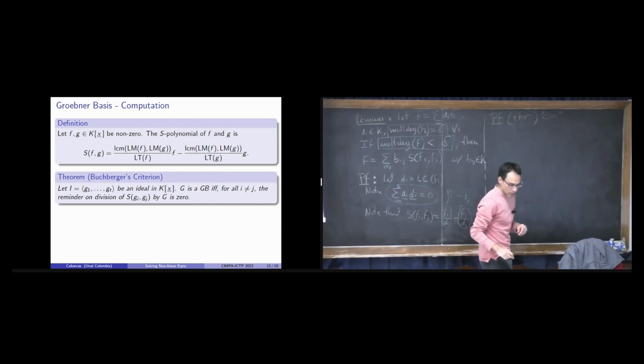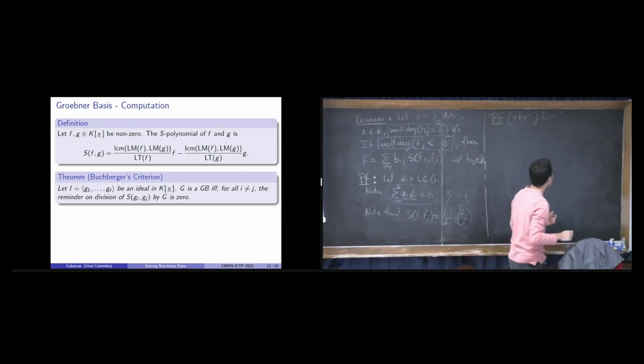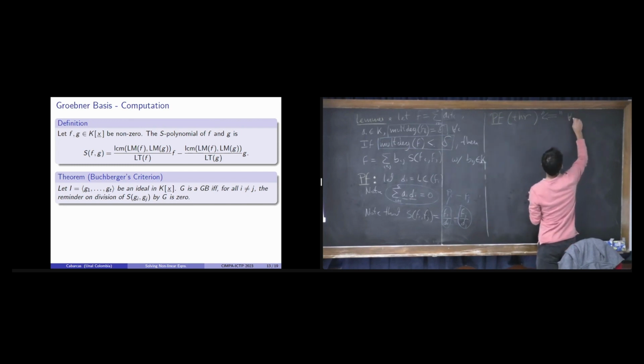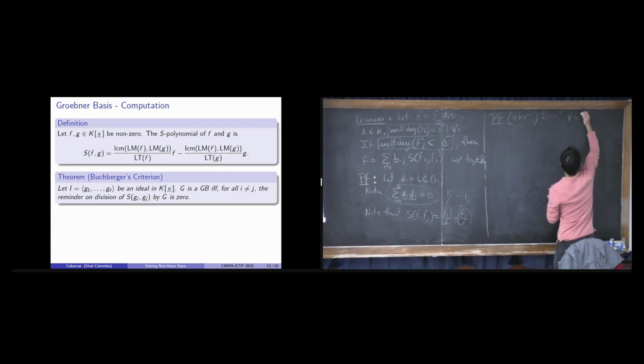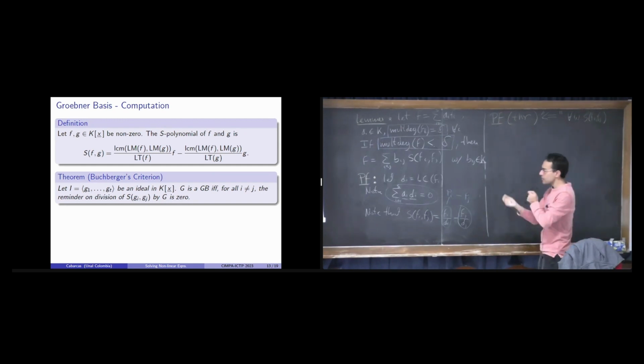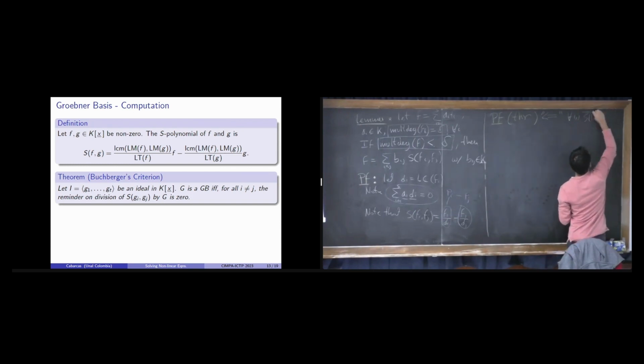So we are assuming that all S polynomials reduce to 0 under division by G. I'm going to write that like this: when you divide by G, you get 0.